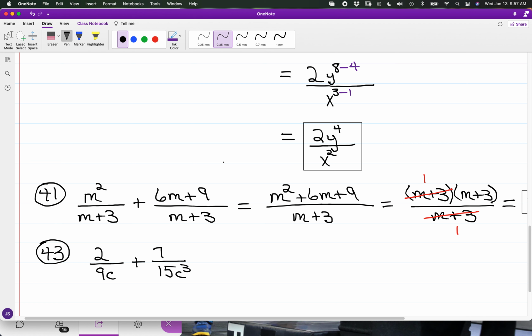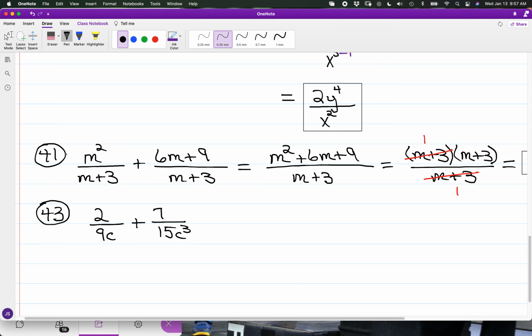Looking at what we have here, to be able to add the fractions together, like what we had in 41, we need the denominator to be the same. So just for 9c, or just the constant 9.